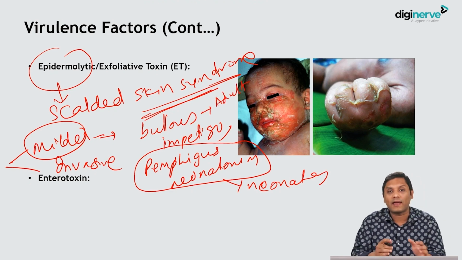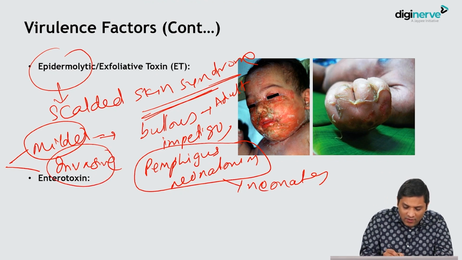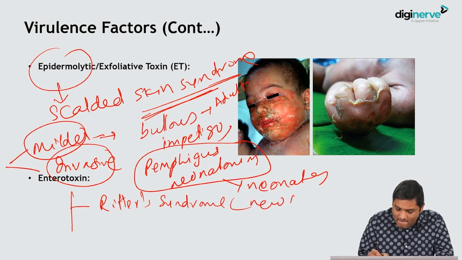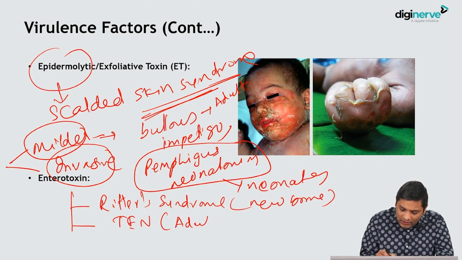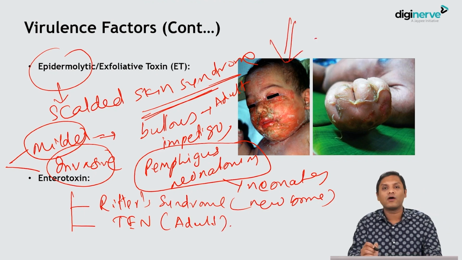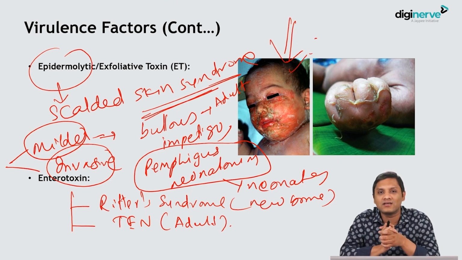These two are milder forms of the disease, whereas the more severe form is called Ritter syndrome in newborns, and it is one of the agents of toxic epidermal necrolysis in adults. So you can see here, this is newborn scalded skin syndrome, which is often called Ritter syndrome.